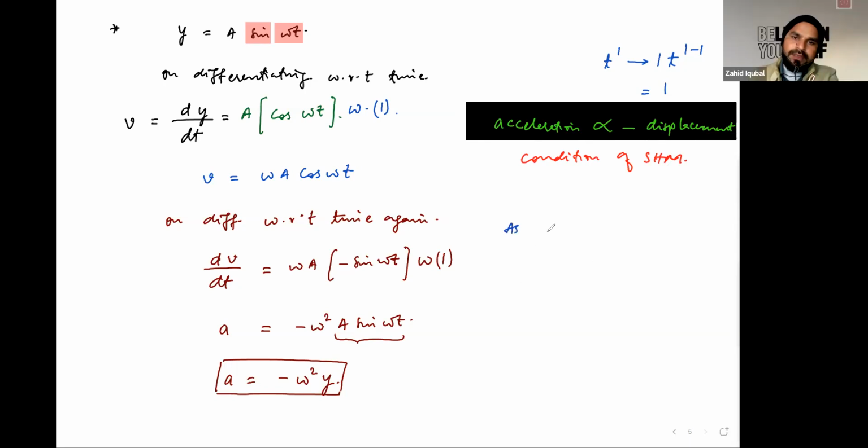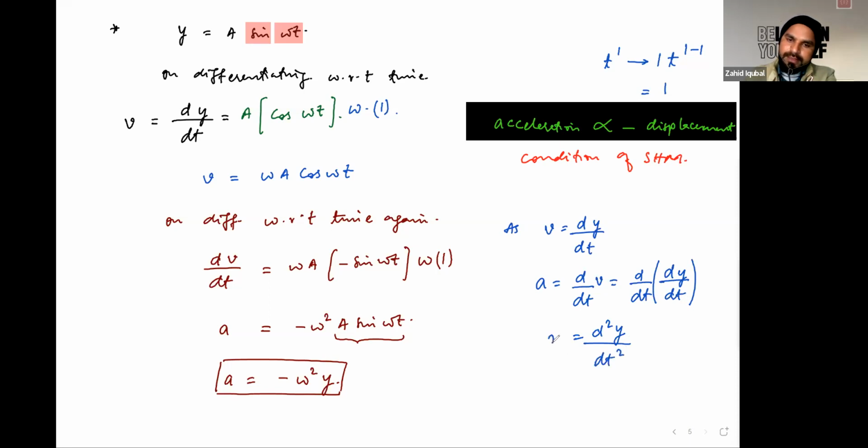Next, as velocity is dy over dt, we may write acceleration as dv over dt. So it will be d over dt of velocity, which is nothing but dy over dt. d and d will become d2y, and dt and dt will become dt squared, equal to a. So this is called double differentiation of displacement with respect to time to get acceleration.